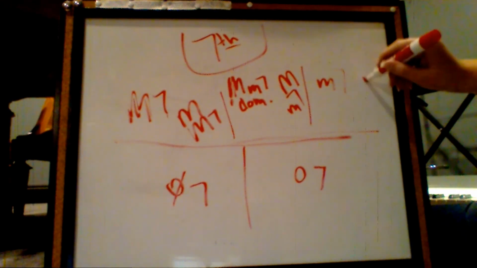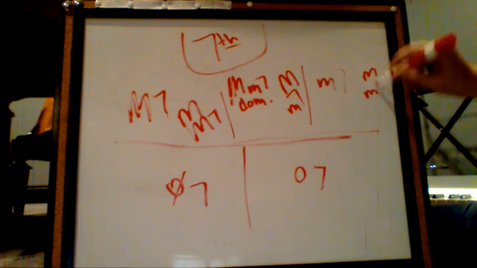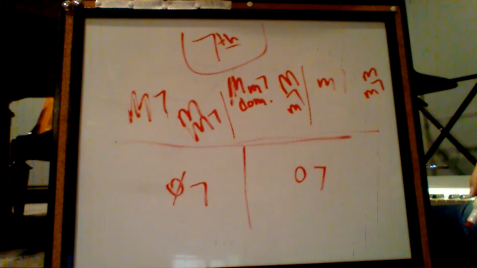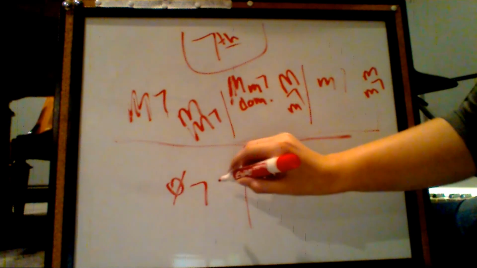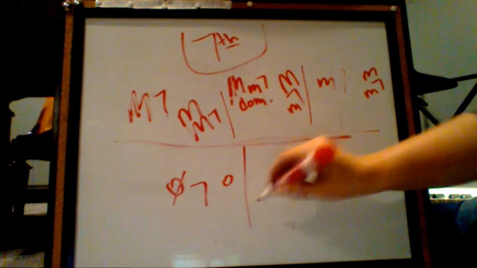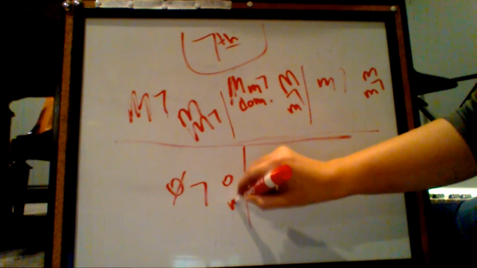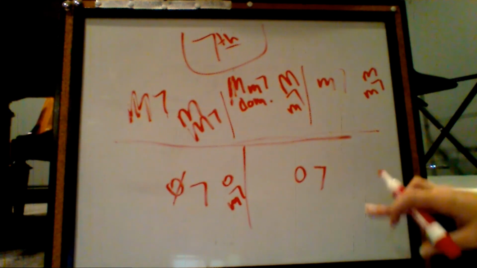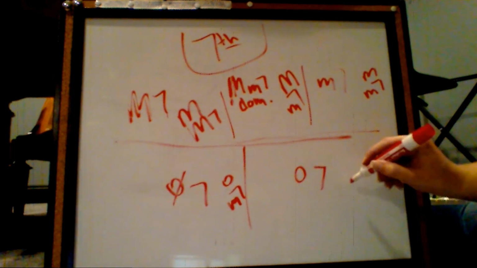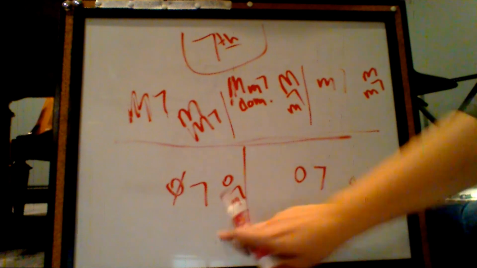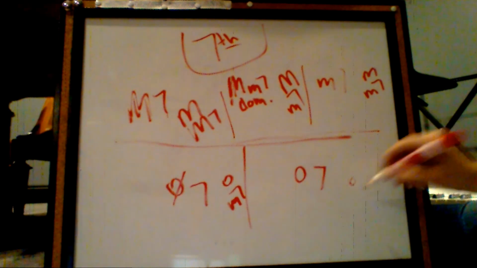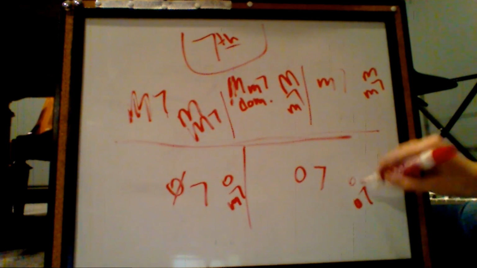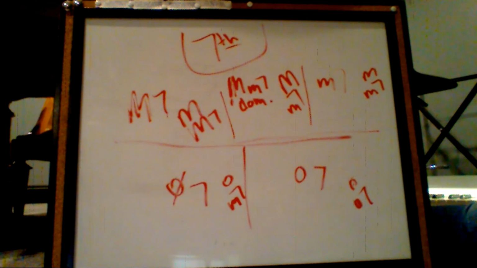A minor seventh has a minor triad with a minor seventh. A half diminished seventh has a diminished triad with a minor seventh. And a diminished seventh has a diminished triad, like the half diminished seventh, but with also a diminished seventh. And that is making triads and seventh chords in a nutshell.